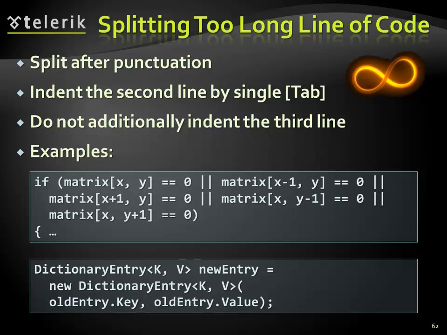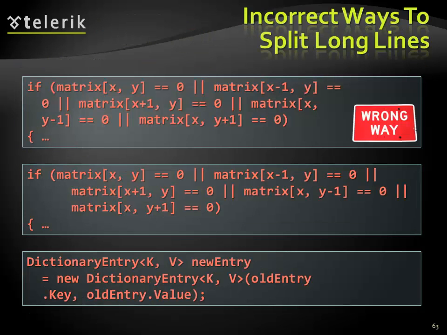We should indent the second line by a single tab, and each subsequent line should be indented by a single tab from the start if statement. So it should not be further indented from the second line. Each subsequent line after the first should have exactly the same indentation. So there are two nice examples about doing that here, and if we have a look at some not as nice examples, you can see the same code being much harder to read and understand, because it's not well formatted.